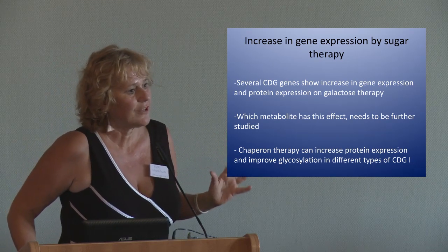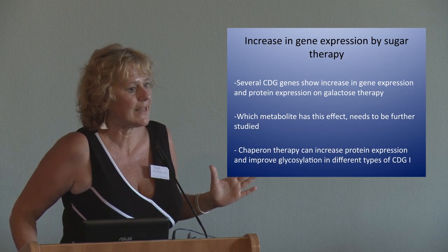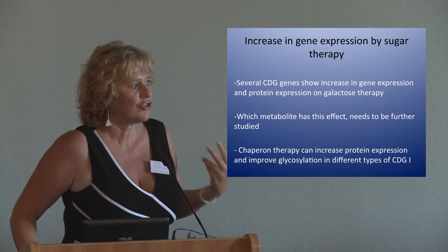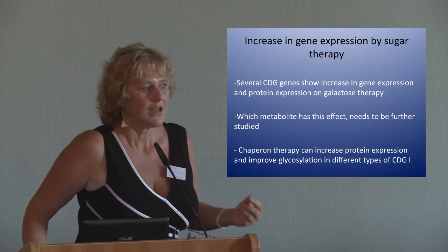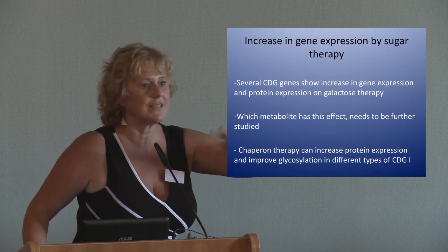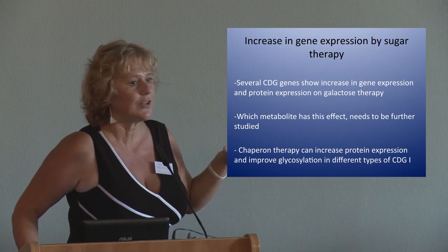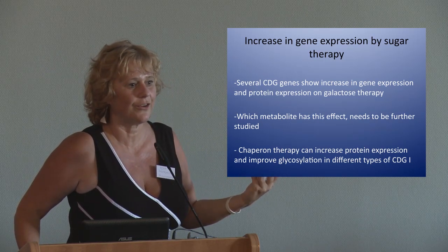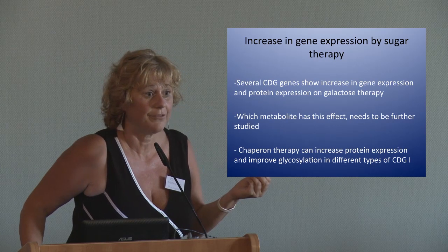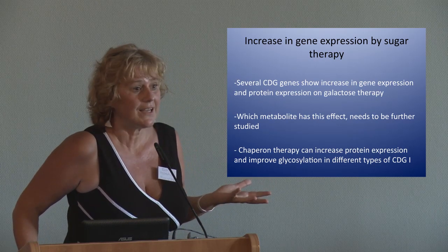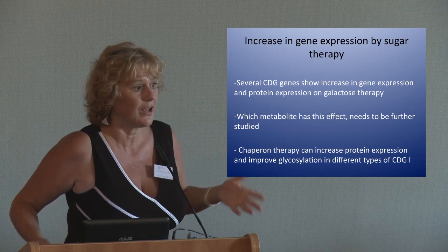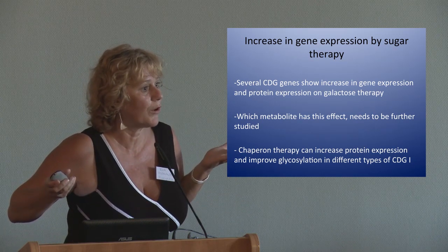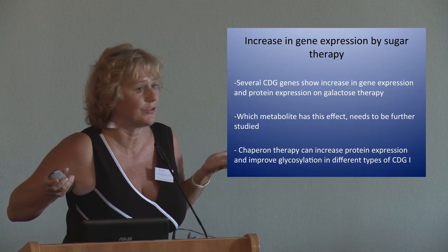There are different genes related to CDG which show increased expression when we give galactose. So when you take different CDG genes and you give galactose to the cells of these patients, you see that the gene coding for the disorder would express more protein and would make more transcripts.